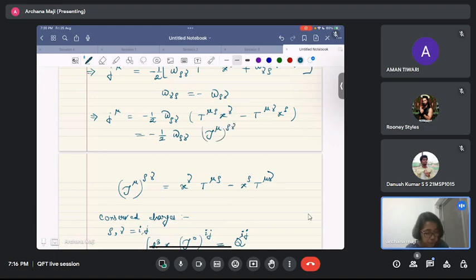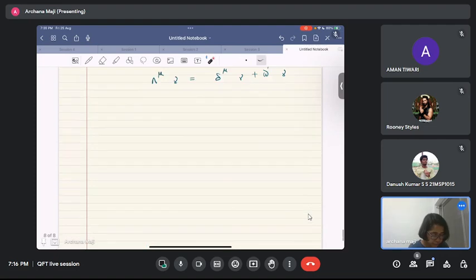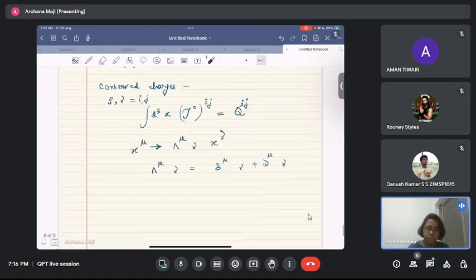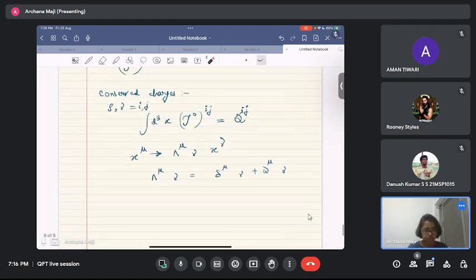So when mu and nu both are i and j, it means you are basically performing rotation along x, y and z. These are not boosts, because a boost will have one time coordinate and one of the spatial coordinates, either x, y or z.